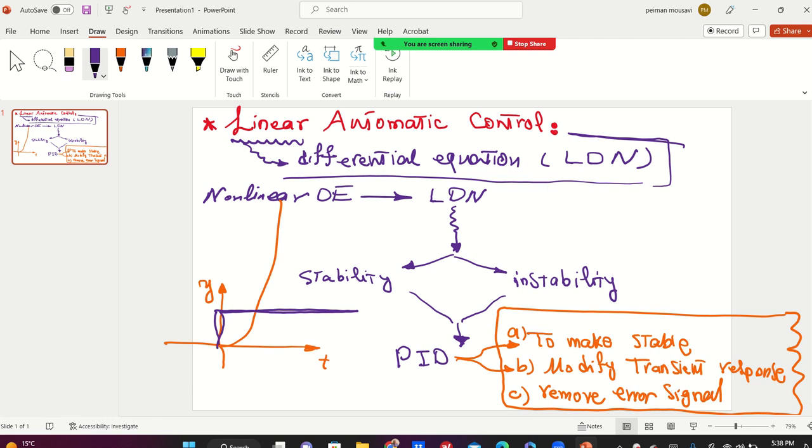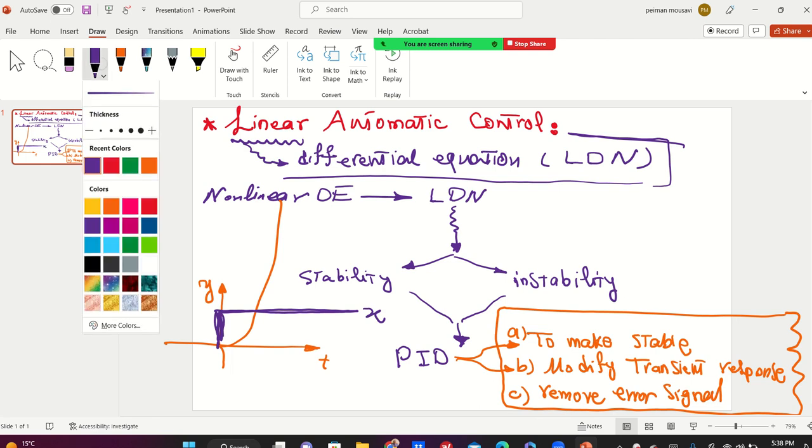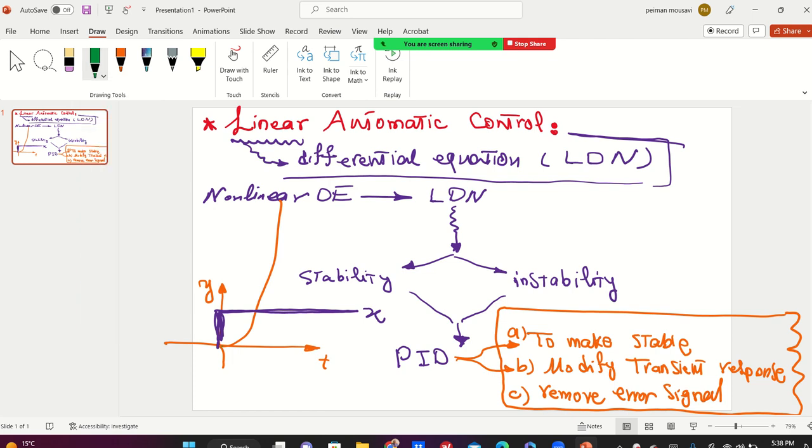This is the input of the system x, and y is the output. You see the system is unstable. After designing the controller, at the end of this course, you're going to get this. This is mission A of the system.